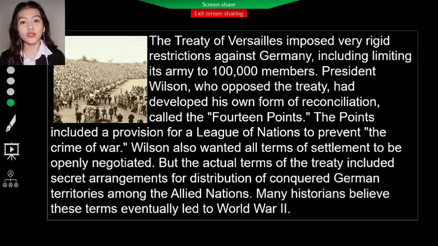Wilson also wanted all terms of settlement to be openly negotiated. But the actual terms of the treaty included secret arrangements for distribution of conquered German territories among the Allied nations. Many historians believe these terms eventually led to World War II.